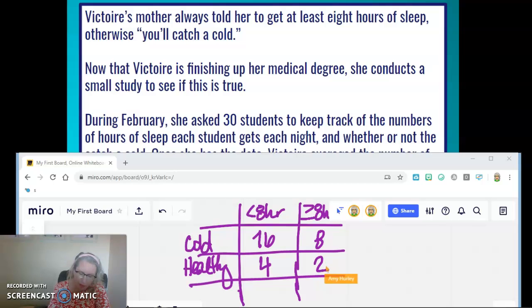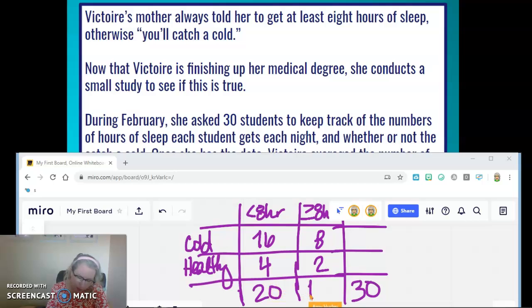The total number of students is 30. That includes the 20 that got less than 8 hours of sleep and the 10 that got 8 hours of sleep or more. That 30 includes the 24 that caught colds and the 6 that didn't catch a cold.